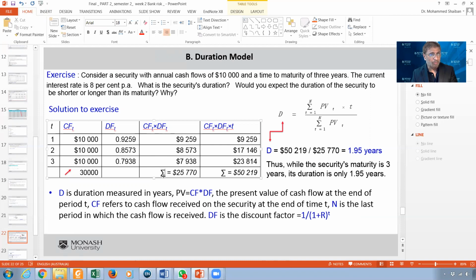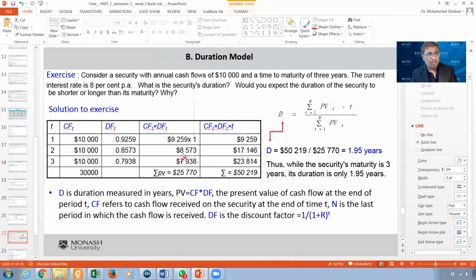This is the sum of all present values of T. Then I have to multiply this by the timing, which is time 1. Here will be times 2, and then bring it to here.